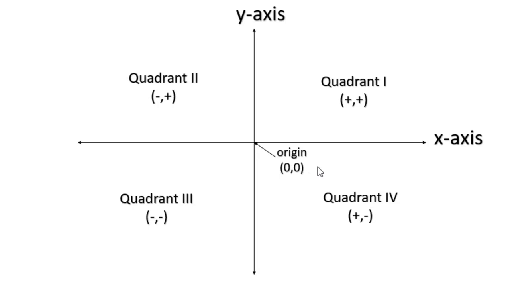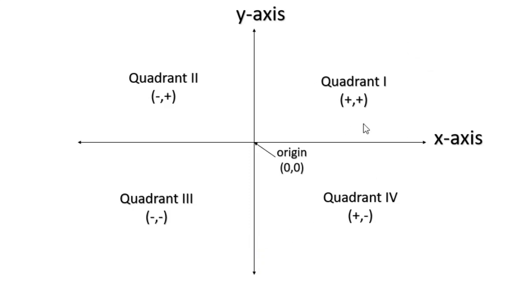So the Cartesian coordinate plane is divided into four regions called quadrants. So we have quadrant 1, quadrant 2, quadrant 3, and quadrant 4. The signs of the first and second coordinates of a point vary in the four quadrants as indicated on this figure.